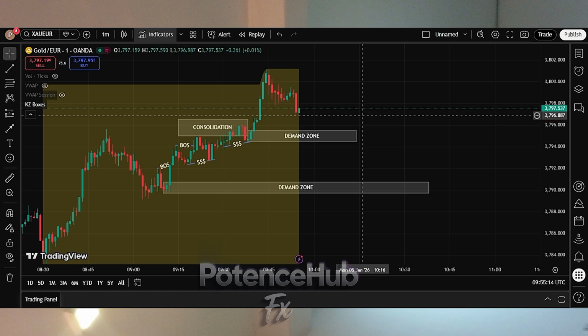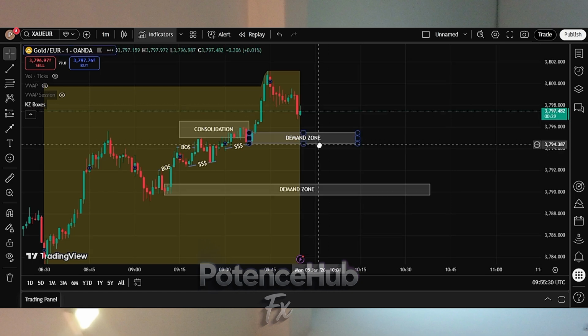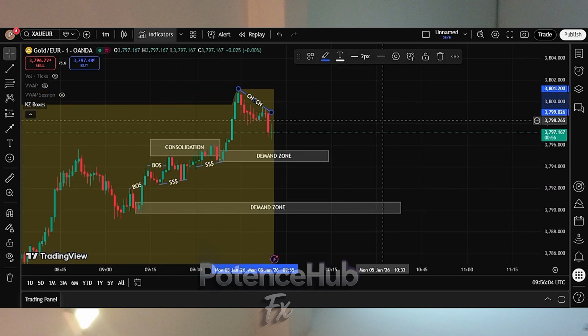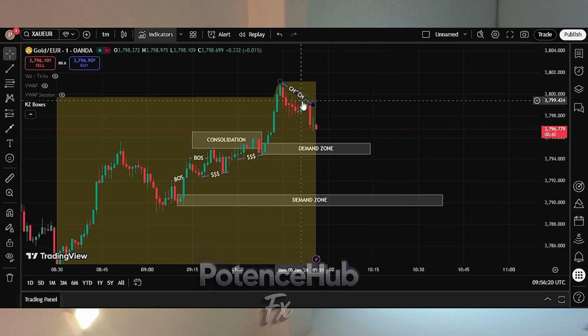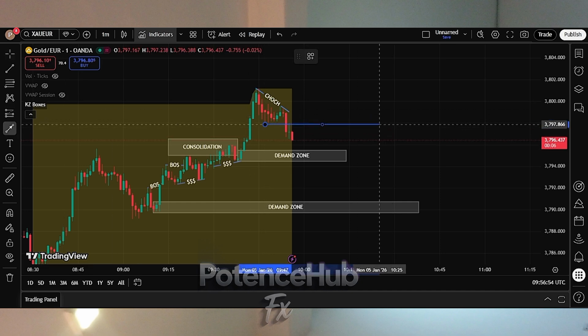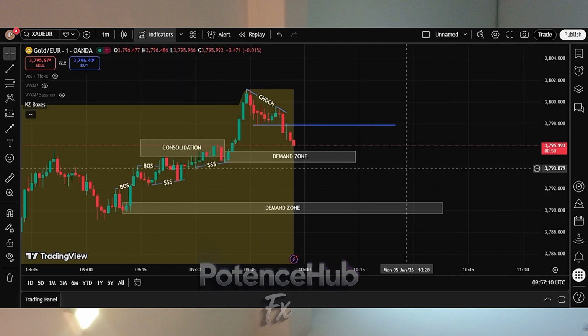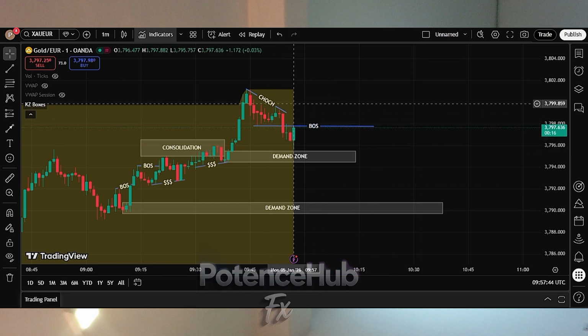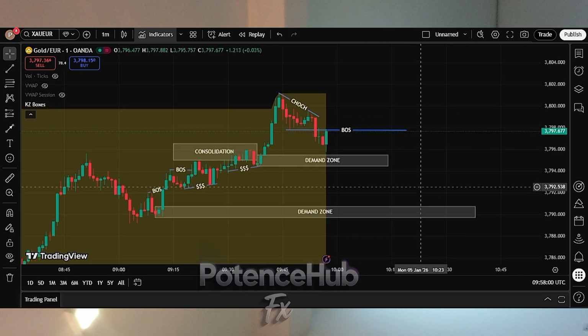So most times price tends to retrace and revisit that particular demand zone, and then pull through again. In most cases, a couple of demand zones are retested by price action, and then there is either a bullish or bearish movement in that regard.